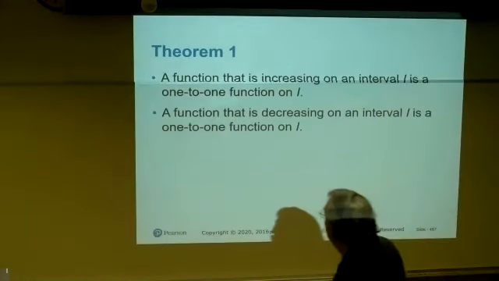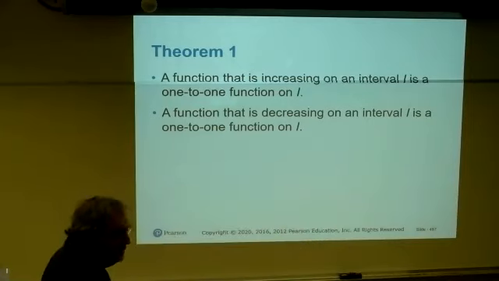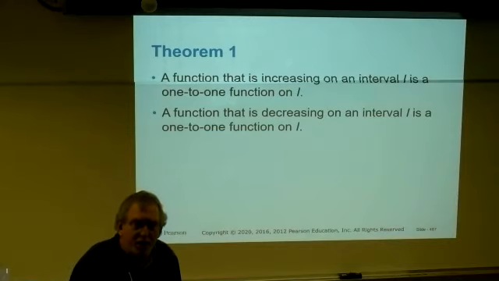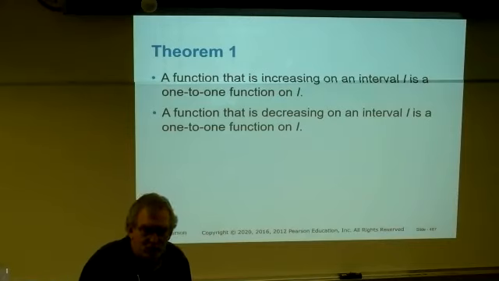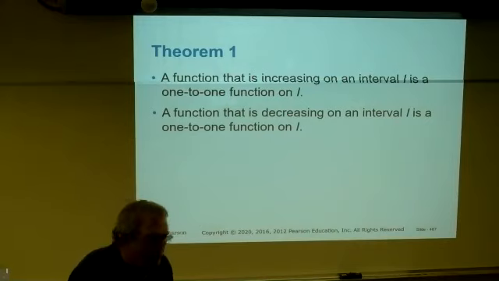All right, if a function is increasing on an interval, then the function is one-to-one on that interval. And if a function is decreasing on an interval, then the function is one-to-one on that interval.